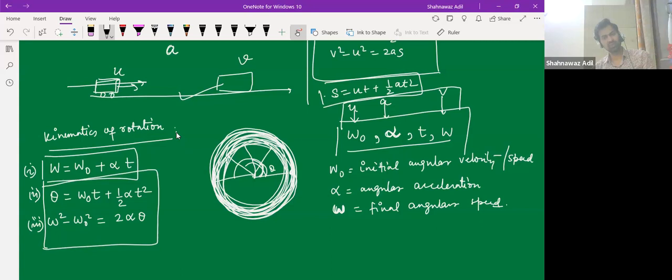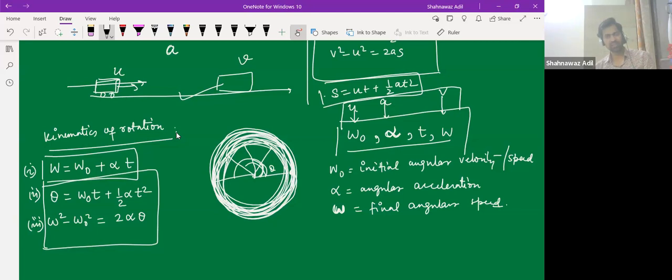Both are the study of moving objects, right? But what is the difference? One is during motion of an object, another one is at rest.